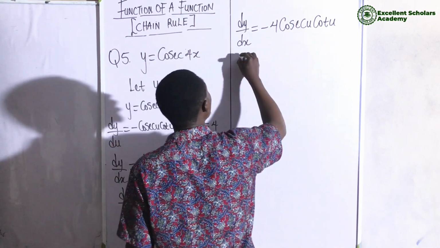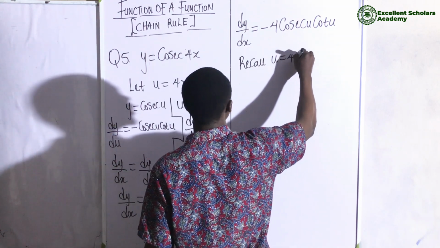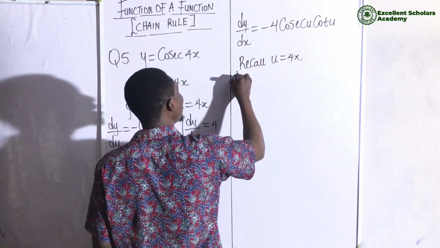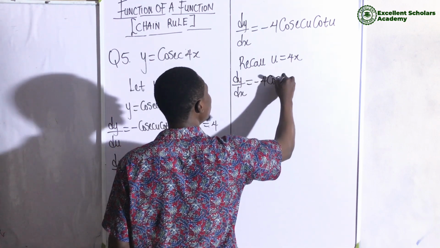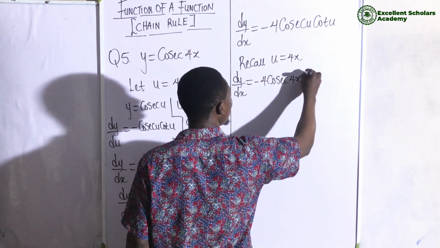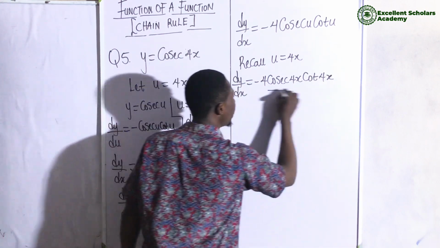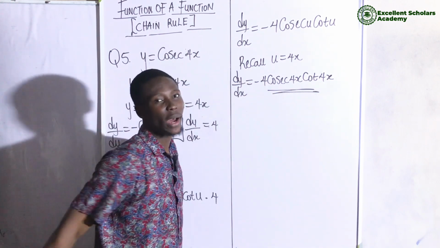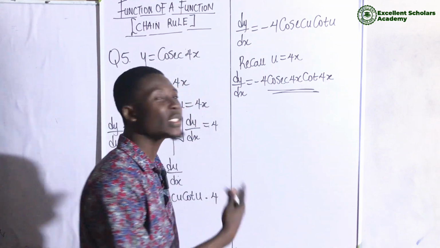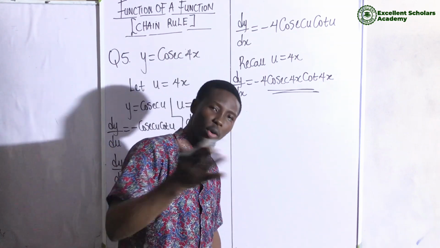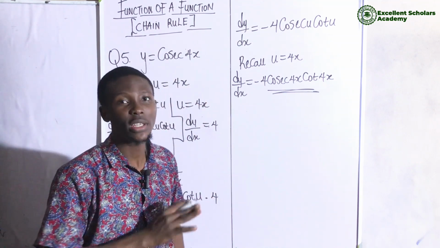So now recall that u equals 4x. So that implies that your dy dx is going to be equal to minus 4 cosec 4x cot 4x. Okay, so this will be our answer. I hope it is clear. You know, just pause the video, or rewind the video, sorry, and then watch it over again. Okay, so this is the next question we're going to solve.